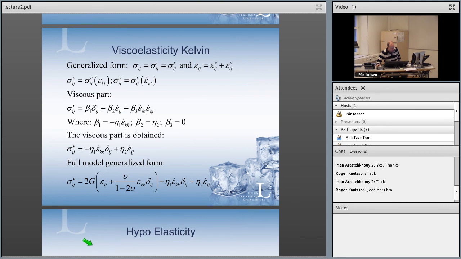And this is flow connected to the strain rate in the system. So in the end, you can write this equation also for the volumetric response, this viscous response, like this. Just put everything together.